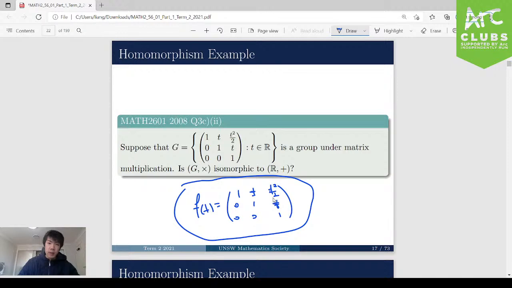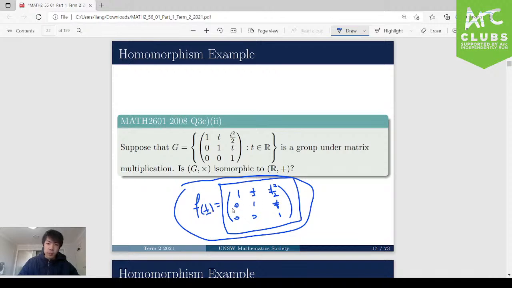Surjective is saying that with everything in the codomain, there's at least something in the domain that you can choose to make it work, right? Let's say you're given any matrix of this form. T could be 1, could be 2, could be 3, could be -5, could be whatever it is. It doesn't matter, because that just means that I would have just selected the inside of this F to be equal to whatever that was.